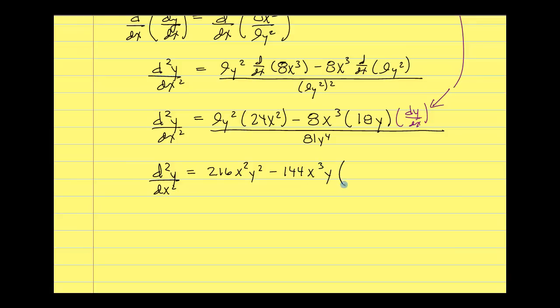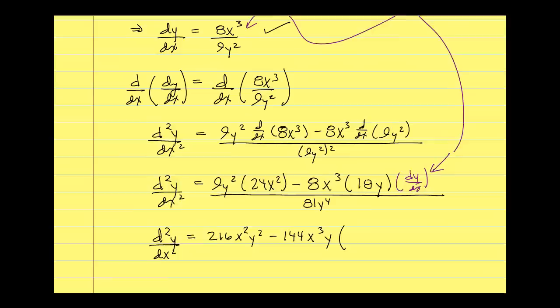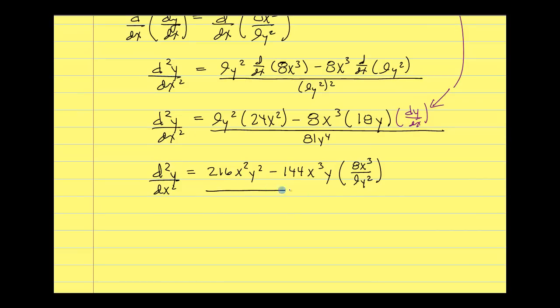Now we tack on this dy dx. But dy dx was 8x cubed over 9y squared. And this is all over 81y to the fourth. Okay, so we're going to keep chugging along here.